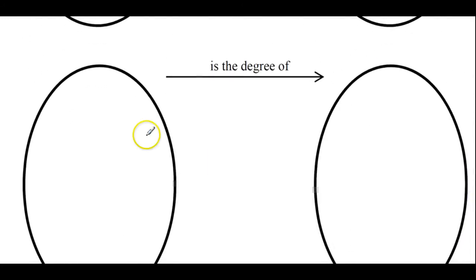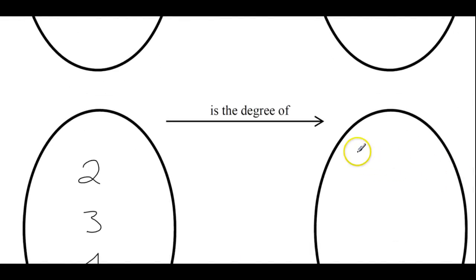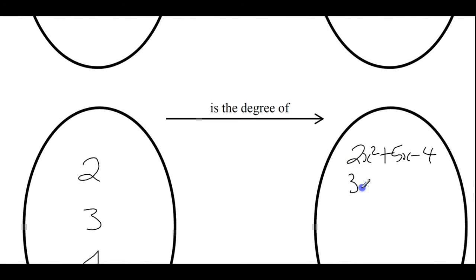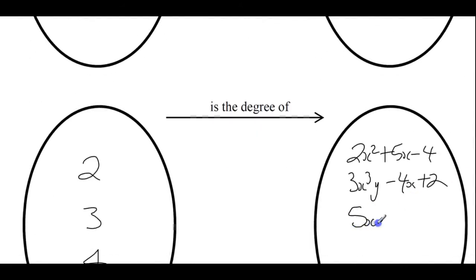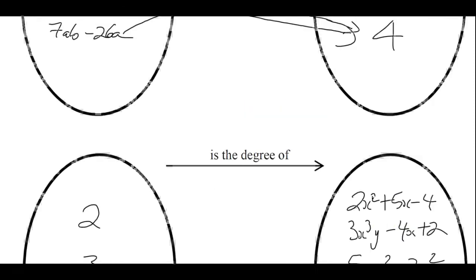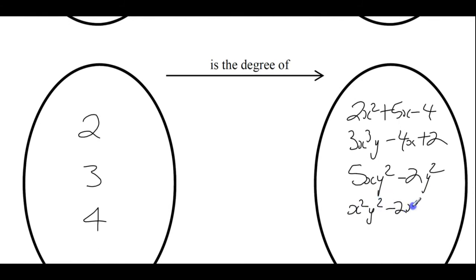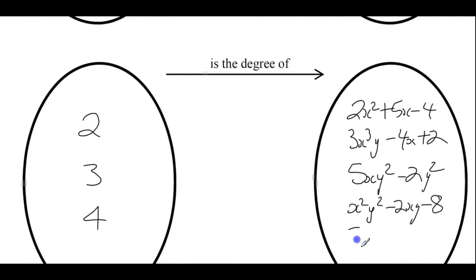And if we reverse this, so now our degrees are 2, 3, and 4, and our polynomials: 2x squared plus 5x minus 4, 3x cubed y minus 4x plus 2, 5xy squared minus 2y squared, x squared y squared minus 2xy minus 8, and 7ab minus 26a.